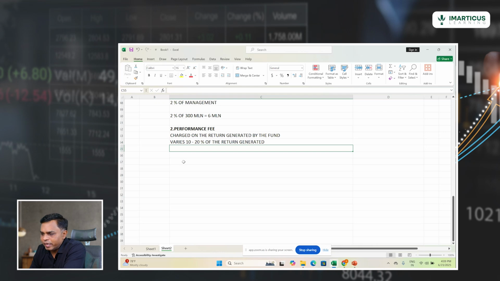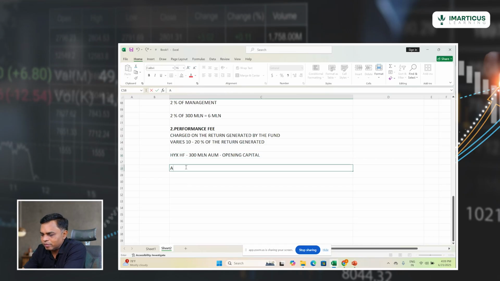Now, let's look at an example. Let's say we have XYZ hedge fund. XYZ hedge fund has an opening of 300 million AUM. Let's assume that this 300 million is the opening capital. After 1 year, the total value of the fund is now 360 million.